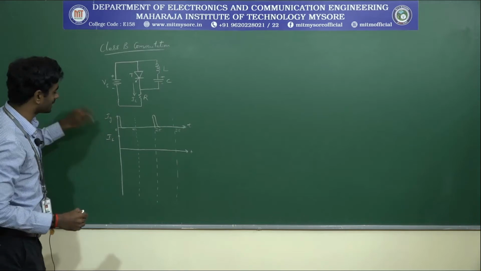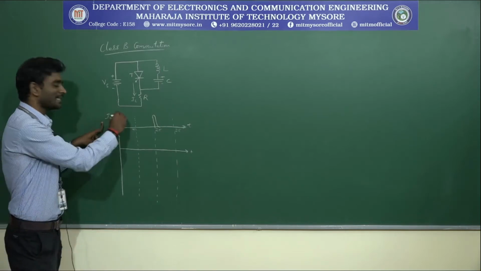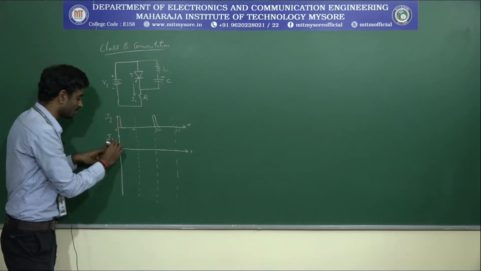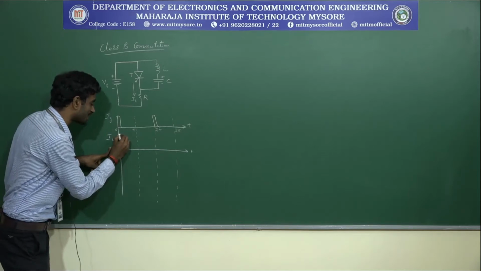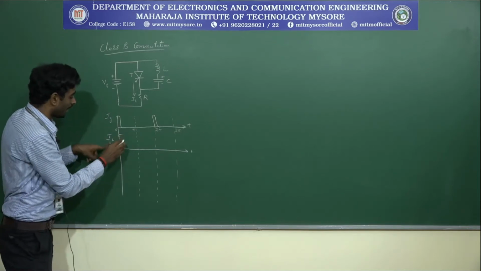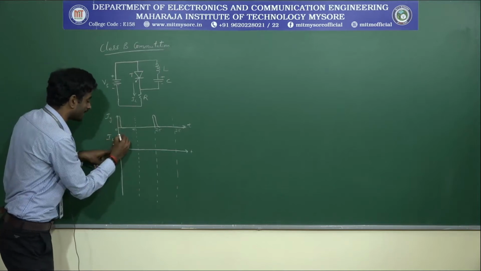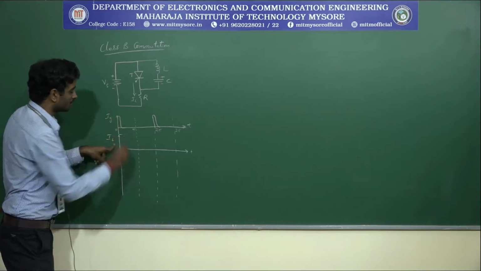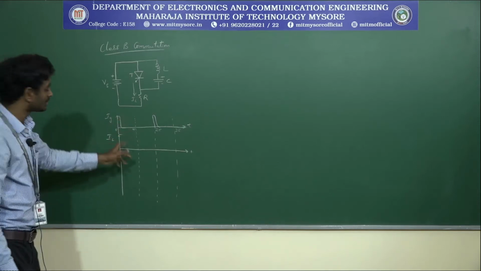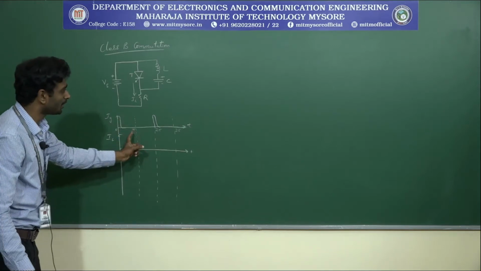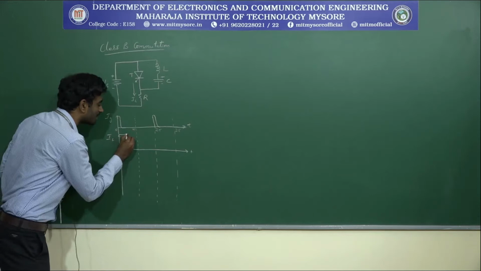See, if you consider this case, when you apply the gate current here, what happens? The load current will also be maximum at this state. At this condition, the load current will also be maximum when you apply a gate current. So for this complete cycle, that is 0 to 2 pi, your gate current will be maximum.